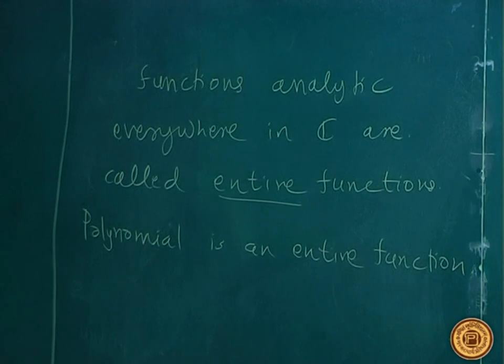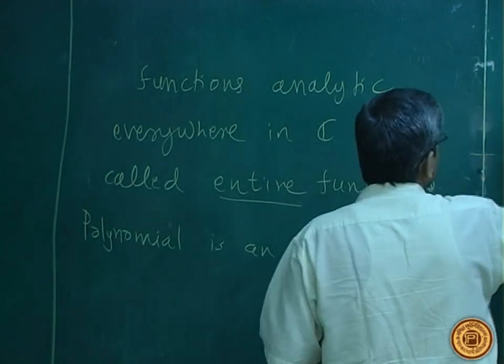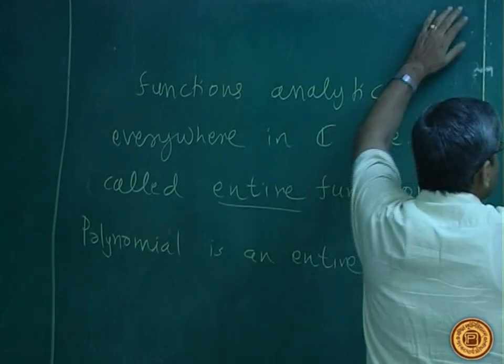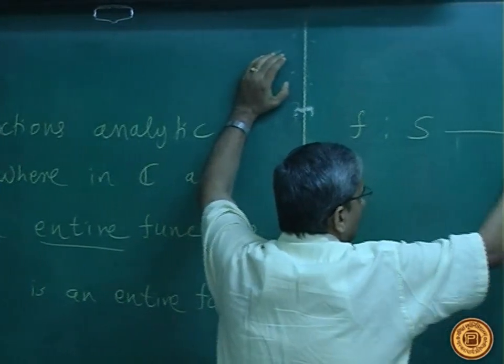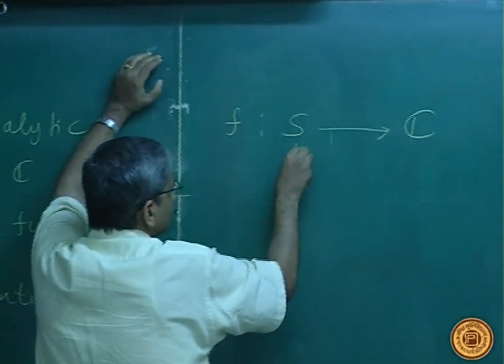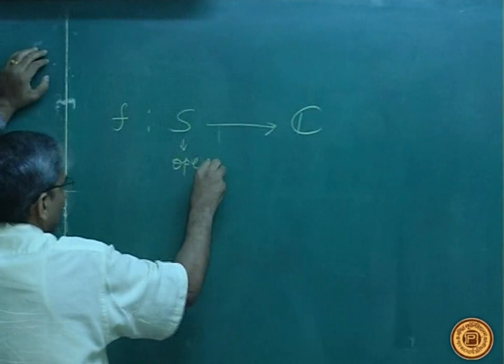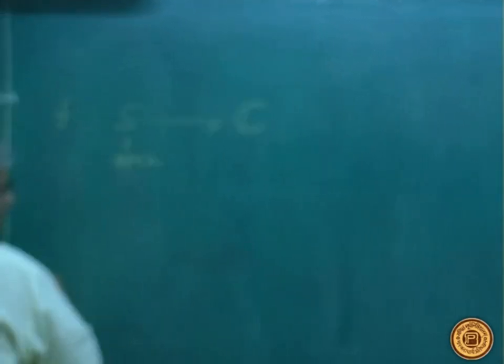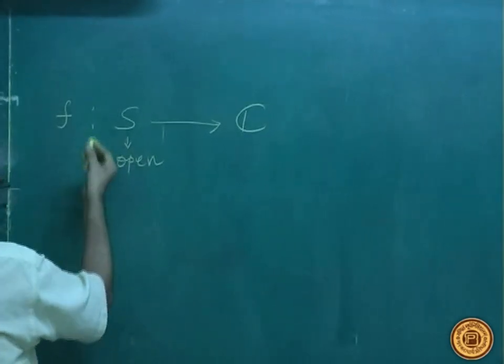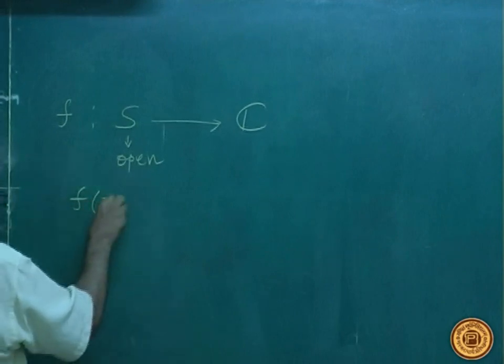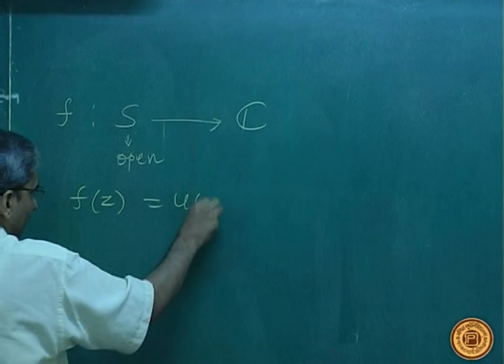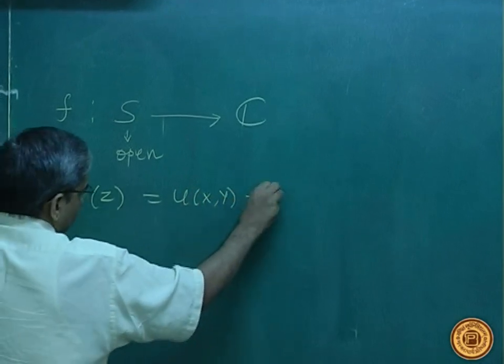If you remember, now again the setup is S is an open set, and f is analytic, and we want to find necessary and sufficient conditions in terms of u(x,y) and v(x,y).